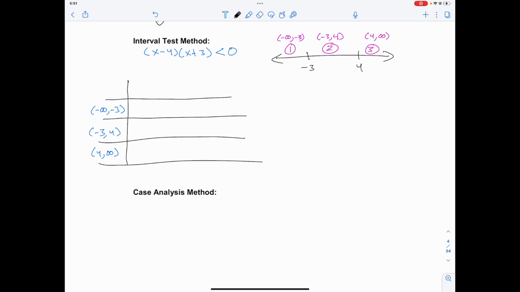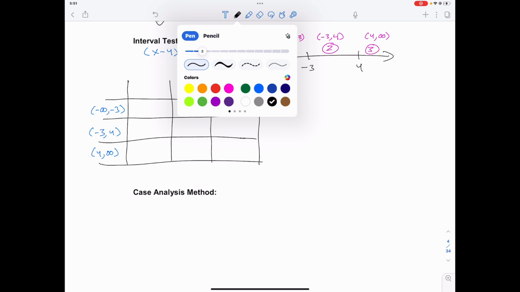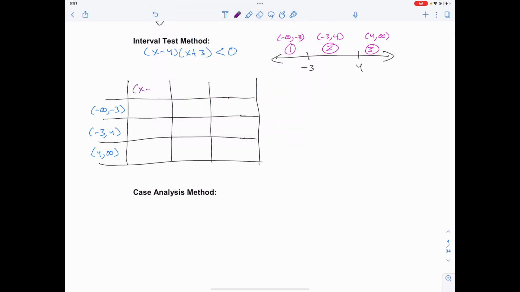On the top, I'm going to state my factors. So we had the factors of x - 4 and x + 3. And I also need to know the product. What happens when I multiply whatever the number is going to be.